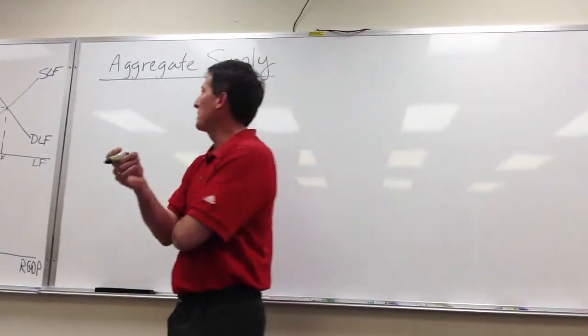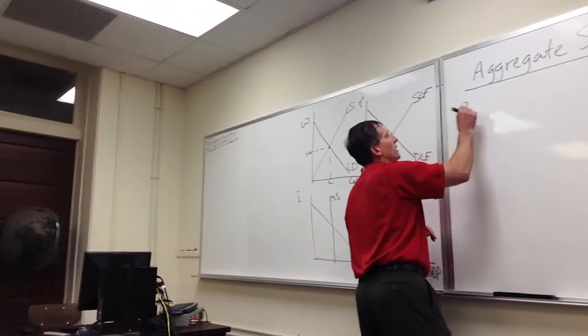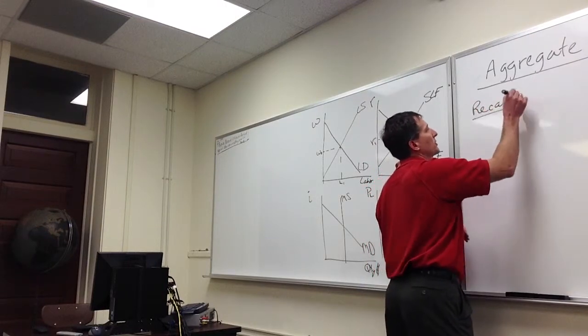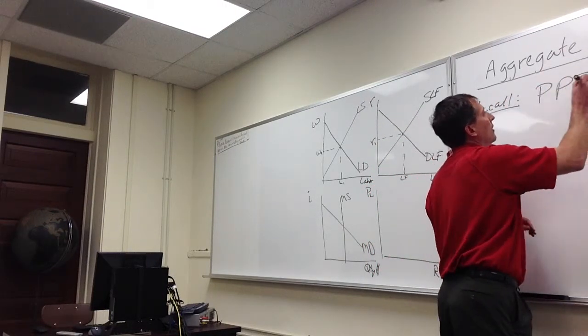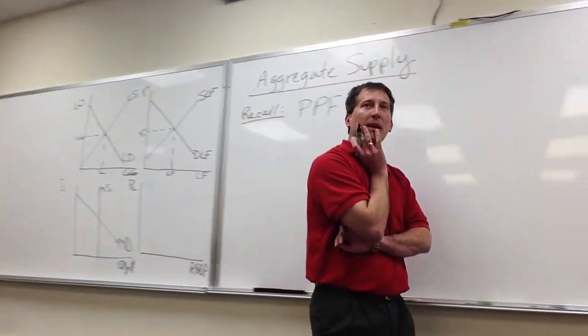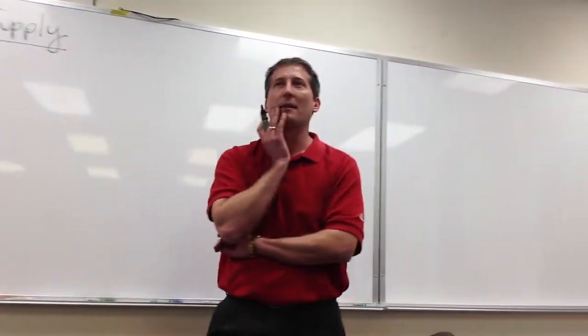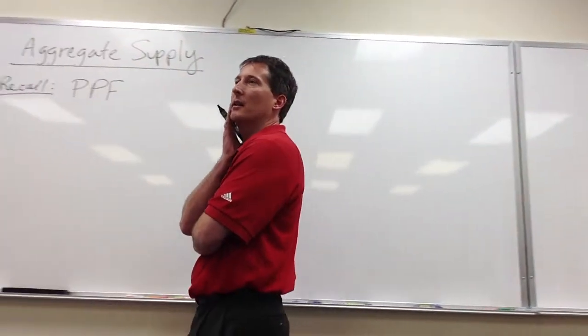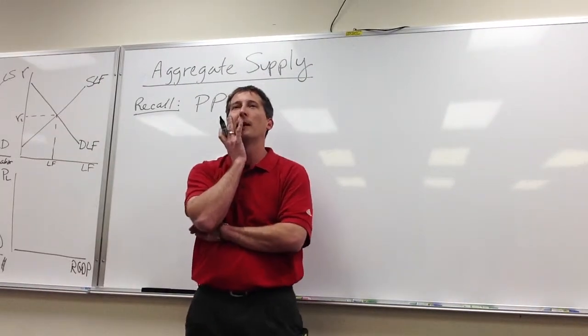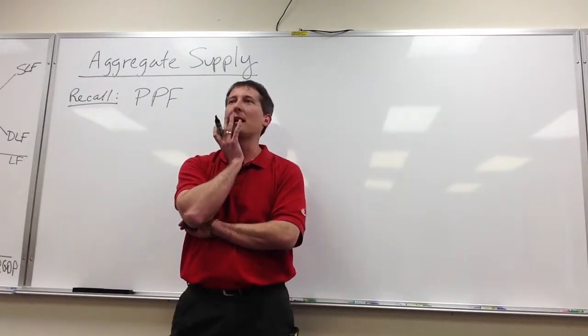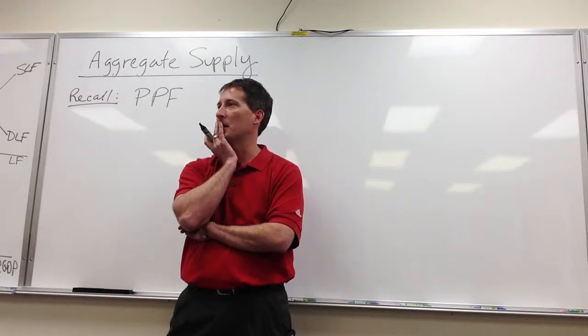What did Chapter 2's Production Possibilities Frontier teach us? The old PPF. I like to come back to that. We started off with Tom and Jen on the island, coconuts and fish. What did the Production Possibilities Frontier teach us?